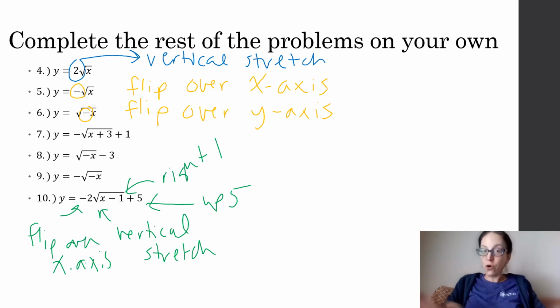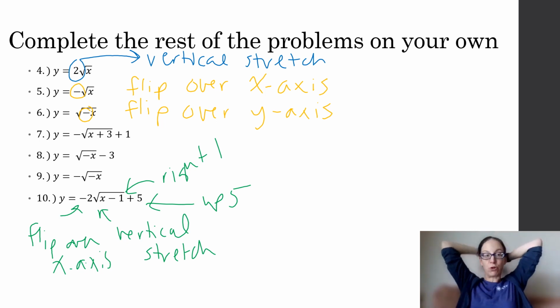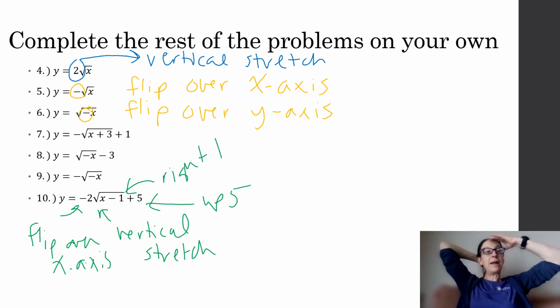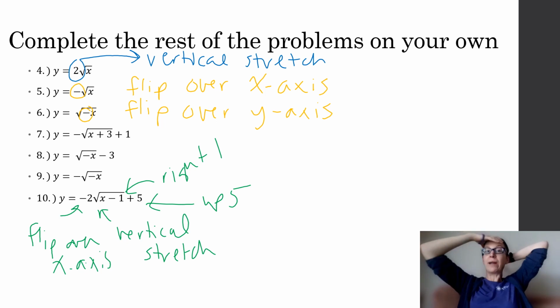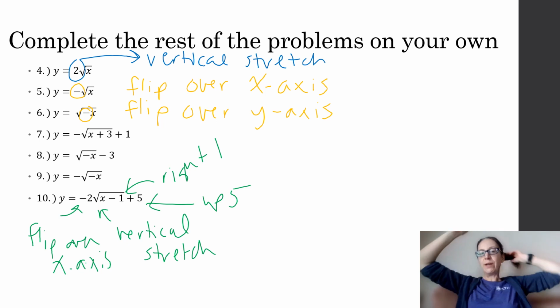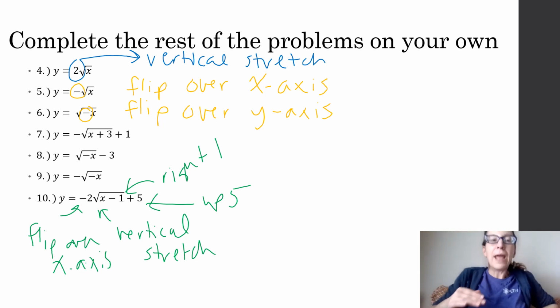But I think those are the main things that are probably going to come up, which is how to write the different kinds of transformations. Beyond that, it's just a matter of doing them enough so that you're able to remember them. It's not hard to know that something flips, but what can trip you up is not remembering which negative, in which position, does what. And that's only solvable by handling the content and studying it.